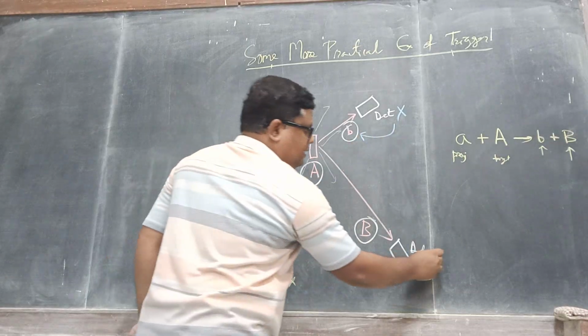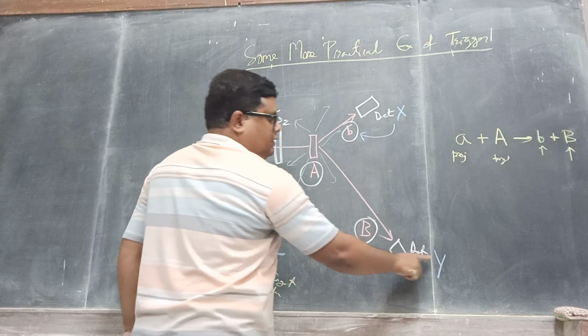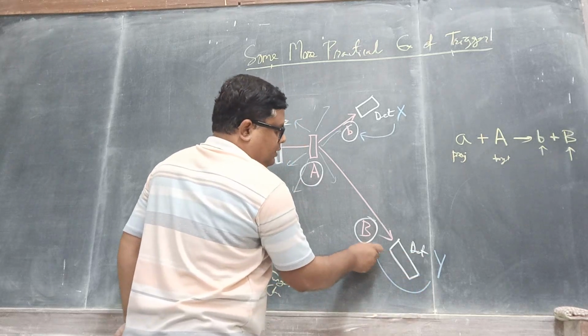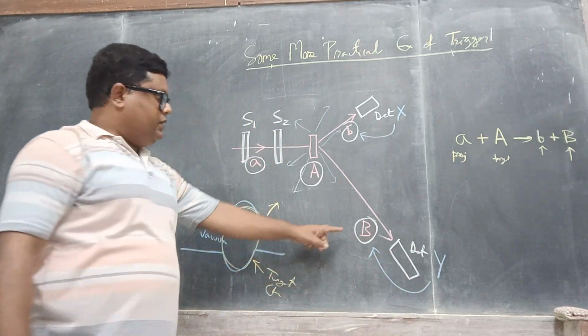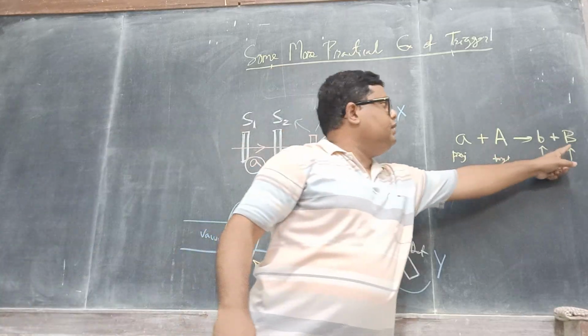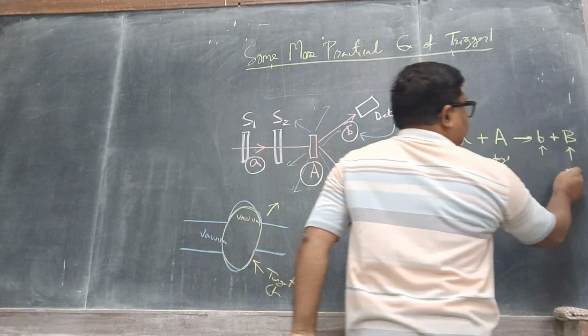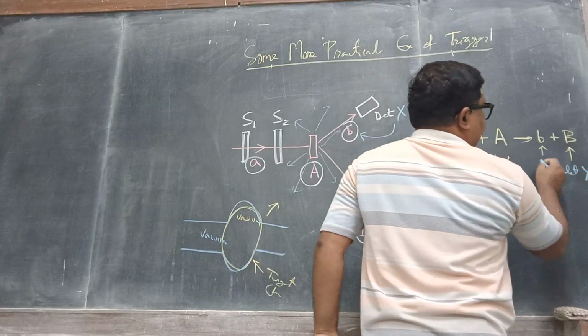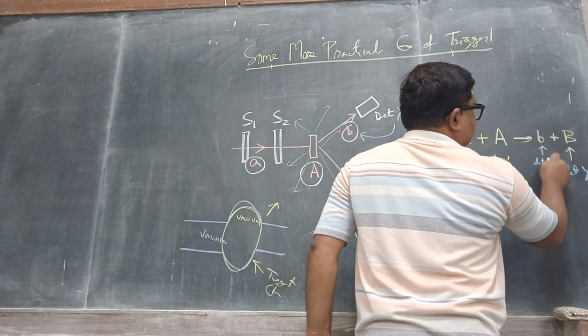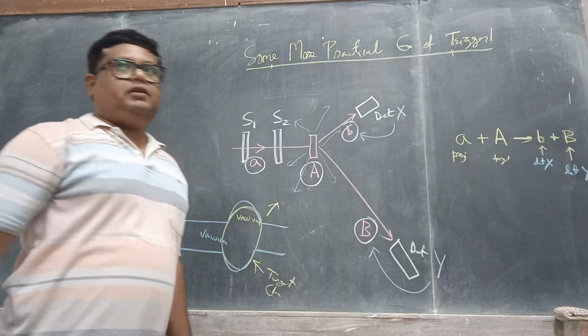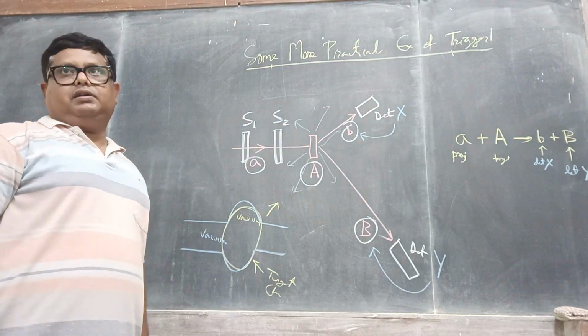And then next I am using detector Y, which is used to detect this big capital letter particle B. So effectively I am using two detectors here.